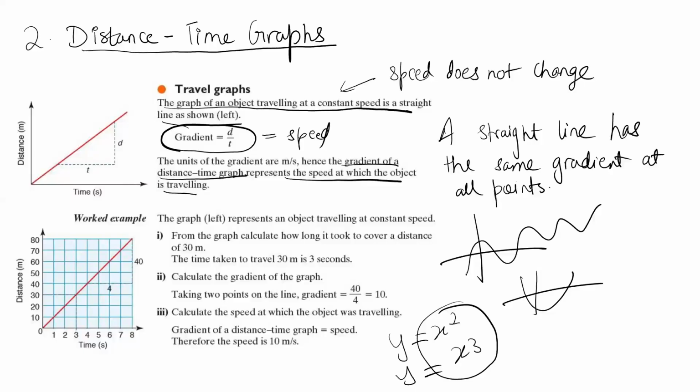It's steeper here, and then it gets shallow, and then it's almost horizontal at the top, and then it's steeper again, and then shallow again, steep again, shallow again. You see what I'm saying? Certain graphs can have different gradients at different points. Does that make sense?